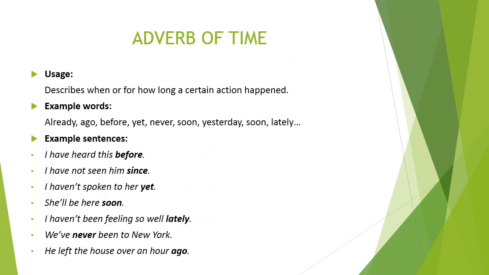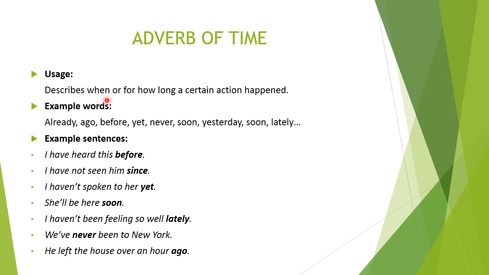Yes. So we are going to start with the very first one, adverb of time. Usage: it describes when or for how long a certain action happened. You understand time? Okay, before, since, yet, soon, yesterday. They all tell the time when the verb was done. So in the definition also, we are saying exactly the same.